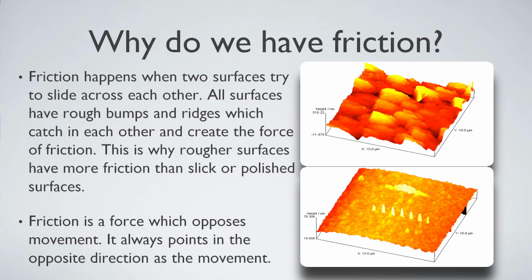And when one surface is pressing into another one, when they're in contact with one another, the bumps and grooves of one sink into the bumps and grooves of the other, kind of like gear teeth or saw teeth. And with those bumps and ridges sunk into each other, the objects don't really want to move past each other.